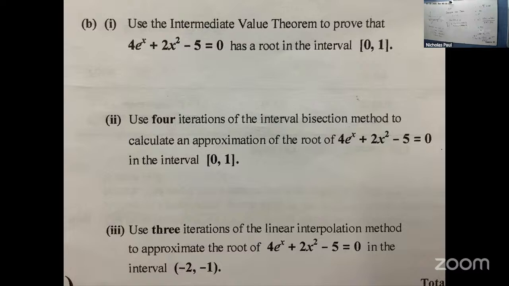We did it 4 times. Everybody got it? Just write the function down and the limits.